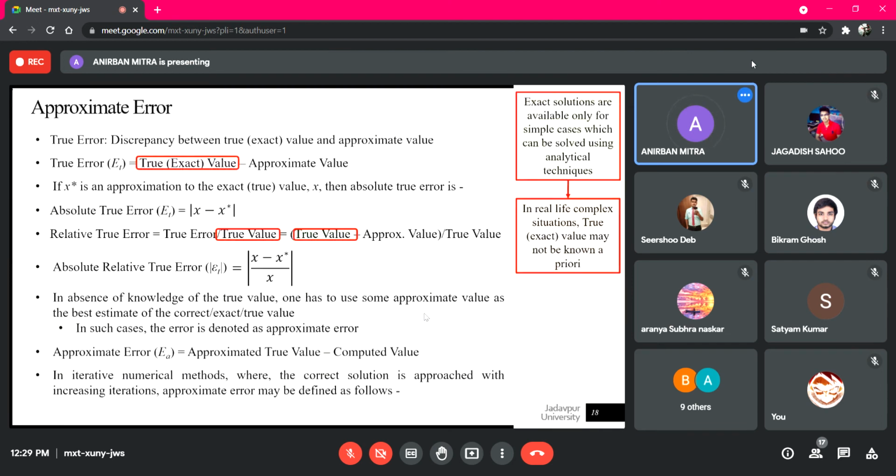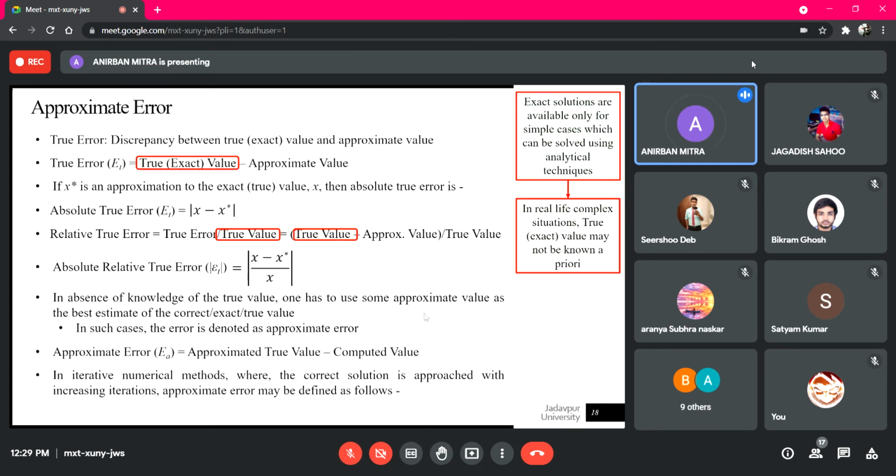These are numerical methods where the solution is approached with increasing iterations. You go on increasing the number of iterations, and in that way you approach a correct or exact solution. You will probably not ever achieve that exact solution, but you can go pretty close.